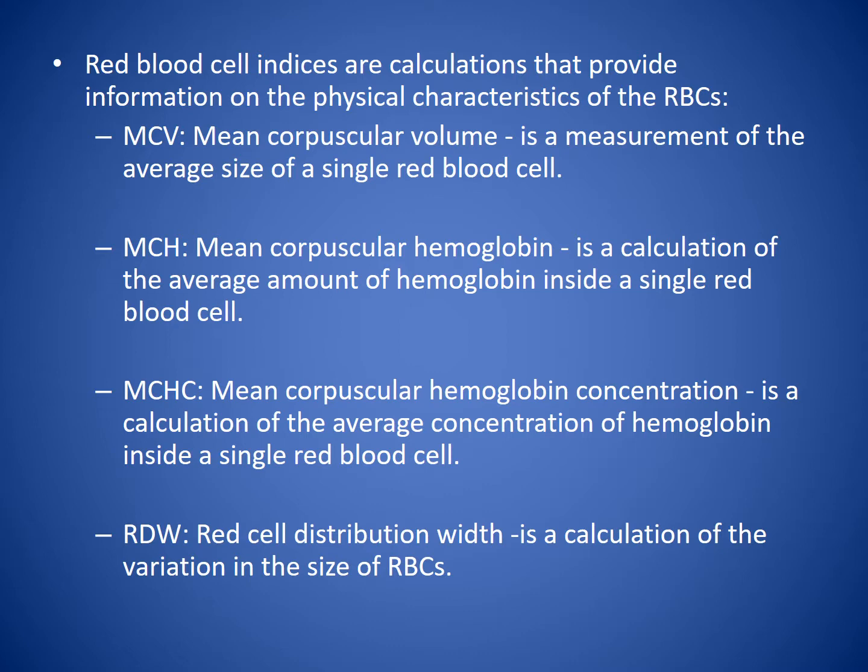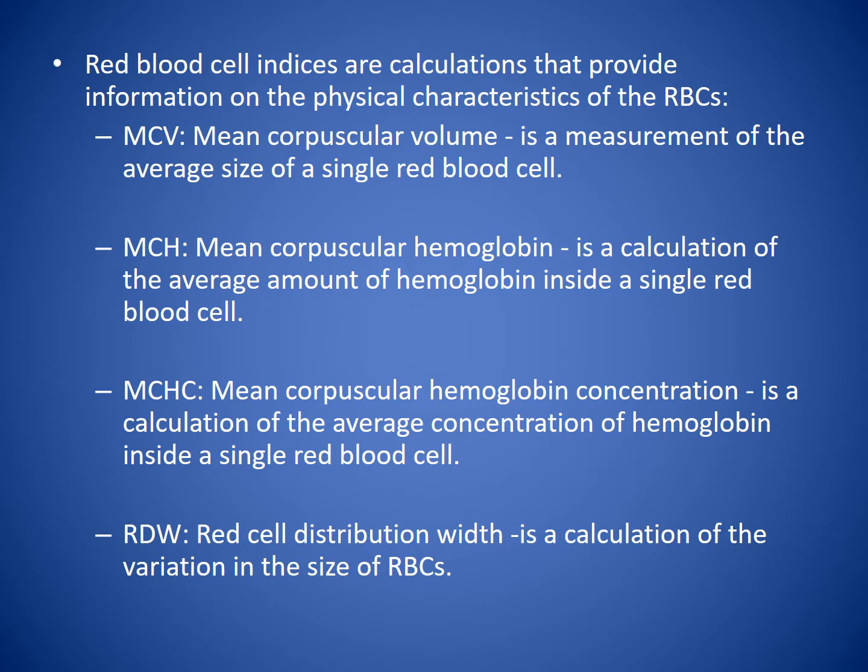We have our red cell indices, and this is what we're going to be using to really work with our anemias. These indices help me understand what that red cell looks like. So your MCV is your mean corpuscular volume, and it's the actual size of a red cell. Your MCH, mean corpuscular hemoglobin, this is a calc of how much hemoglobin or that protein of heme that is actually inside each of the red cells.